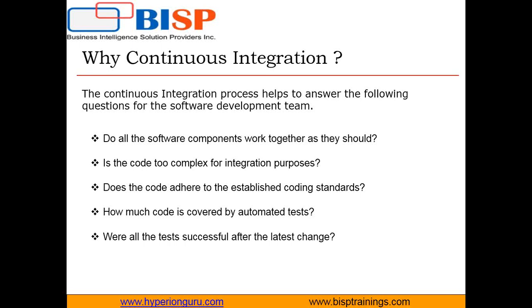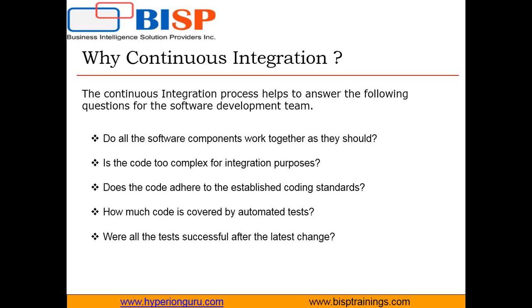Sometimes systems can become so complex that there are multiple interfaces for each component, so it's critical to ensure that all the software components work seamlessly with each other. To overcome this issue, the software development team should go for continuous integration.